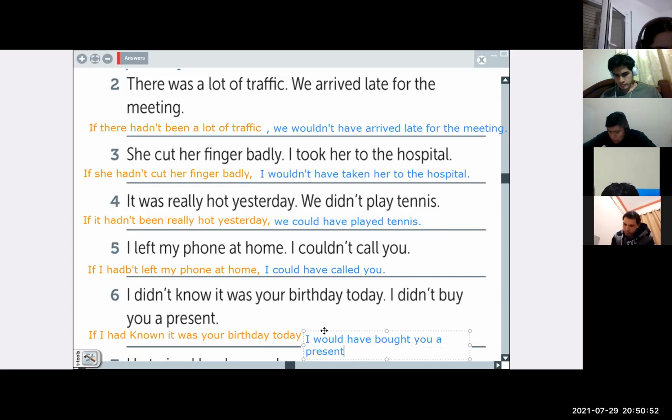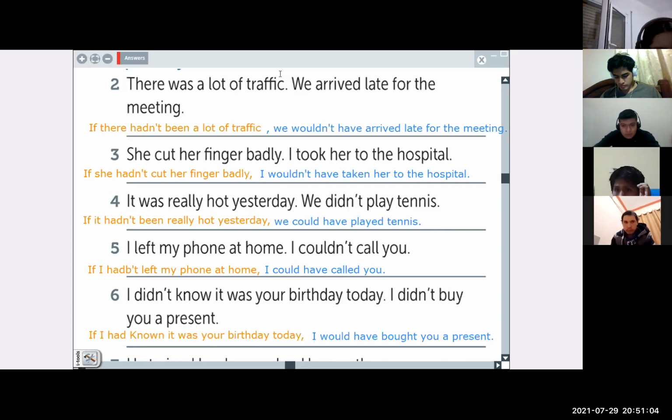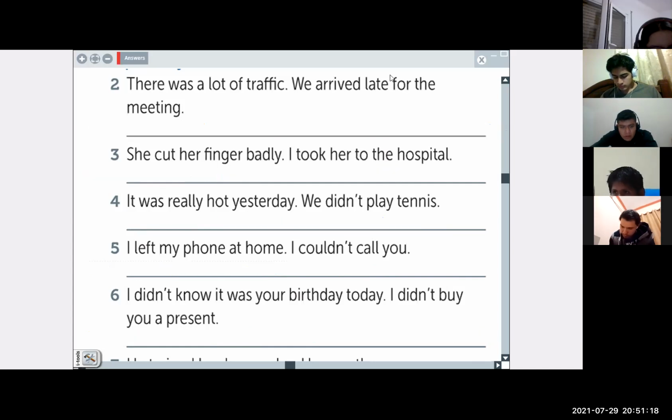Very good. Ok. Esas son las oraciones hasta las 6. Vamos a continuar con las demás, ¿ok? ¿Alguna pregunta sobre estas que tenemos escritas? No? Okay, let's go to the next part.